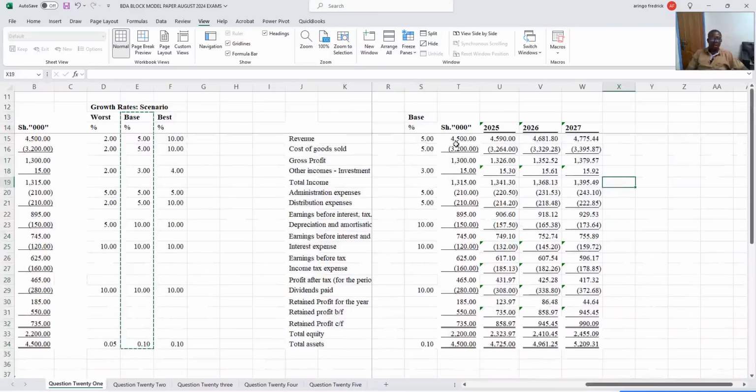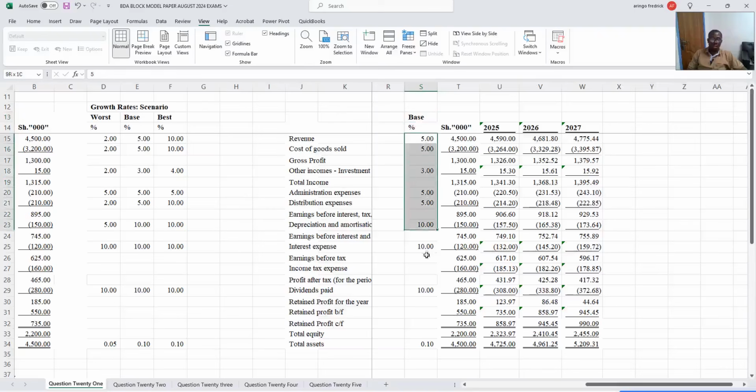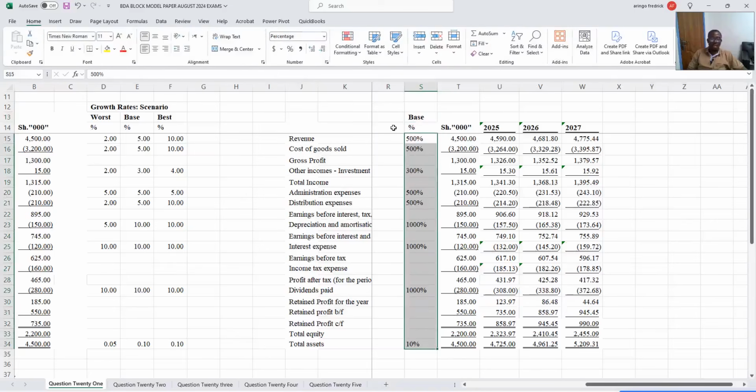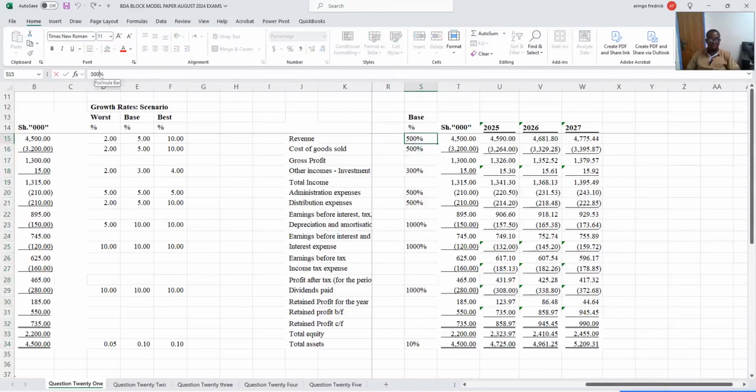So remember, because all these are equally the same except for the percentage, so these are what will be required to do for the base case. We have this into our percentage, so we highlight, come and have percentage. Okay, after having percentage, of course, we need to have them into percentage.